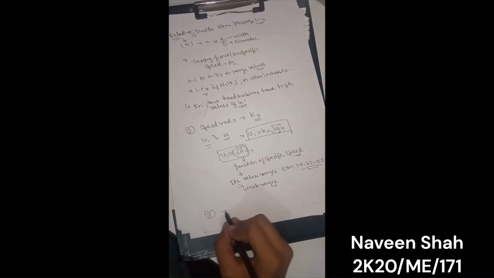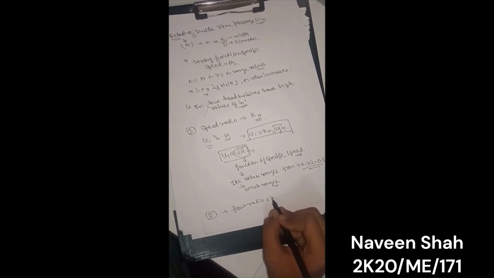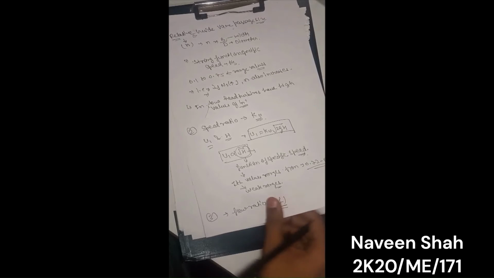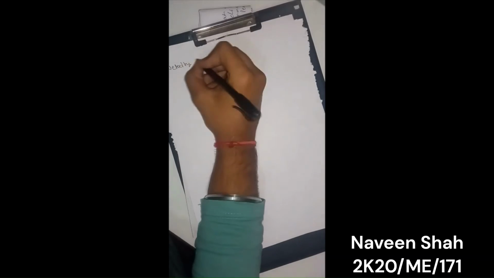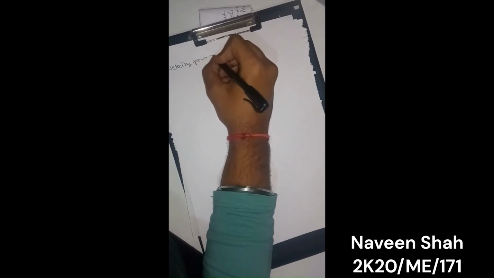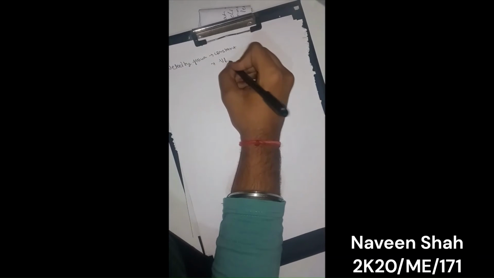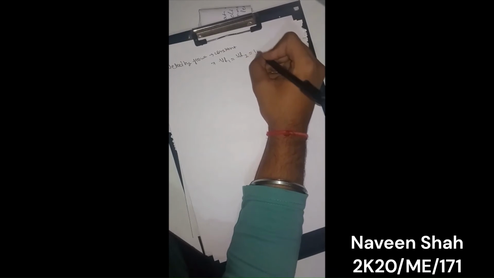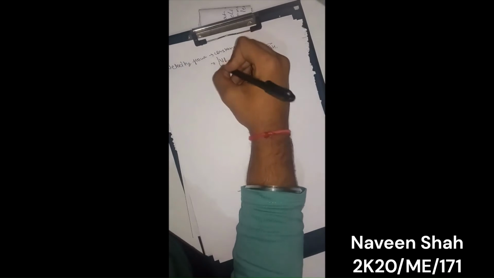Now the third parameter is the flow ratio, denoted by Kf. Flow ratio only comes into consideration when the velocity of flow remains constant, which means the flow velocity at inlet should be equal to the flow velocity at outlet, and this will be equal to Kf root 2gH.